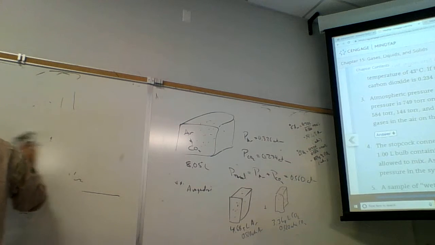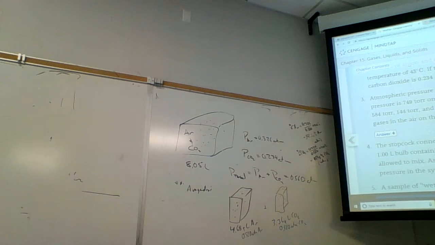So again, we're going to be thinking in terms of Dalton's law. That is, P total is equal to the sum of the partial pressures. And so P total is equal to the pressure of the nitrogen plus the pressure of the oxygen plus the pressure of the argon plus the pressure of the other gases.